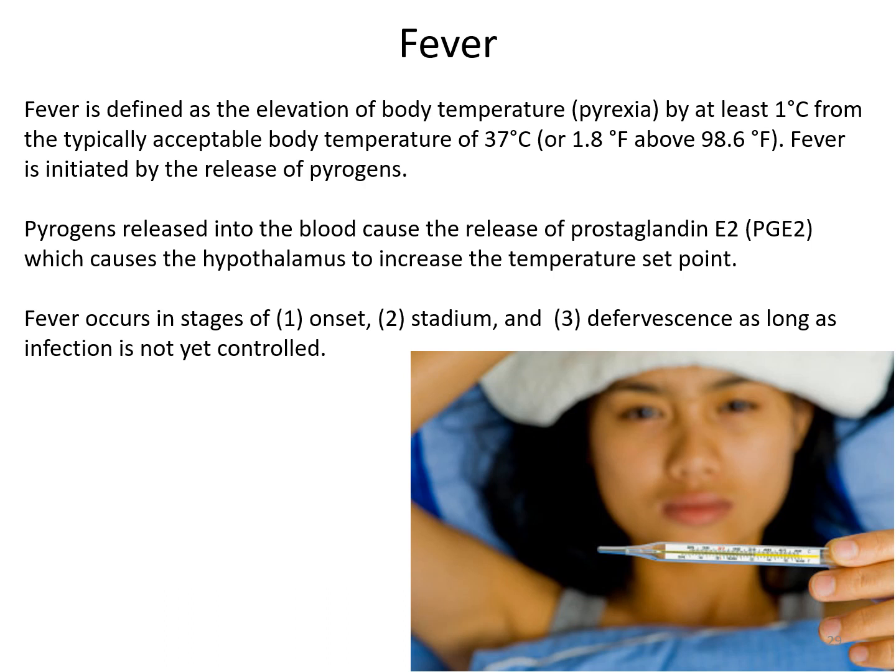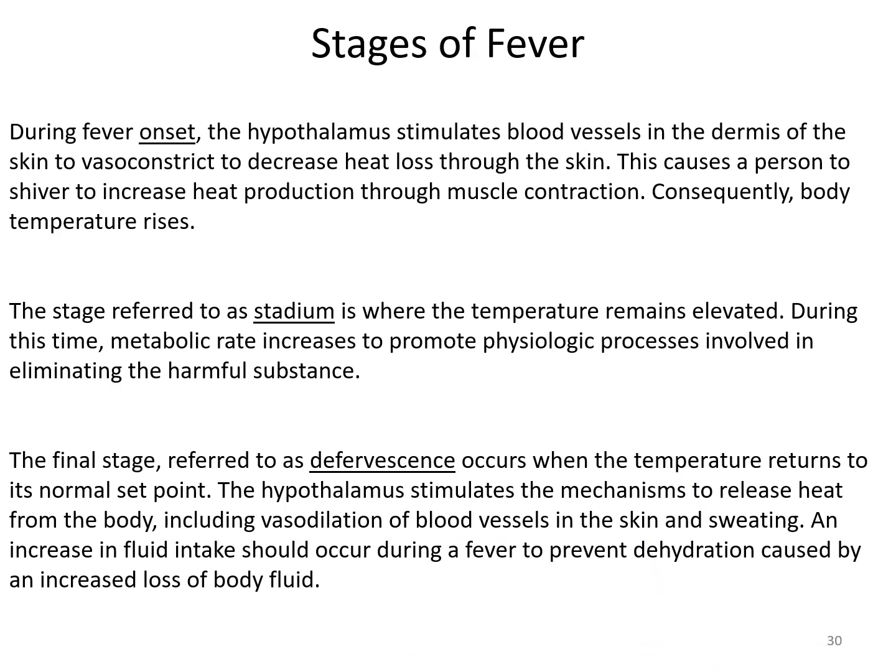There's 3 stages of fever: onset, stadium, and defervescence, as long as the infection continues uncontrolled. During fever onset, the hypothalamus stimulates the blood vessels in the dermis of the skin to vasoconstrict, and that decreases the heat loss through the skin.